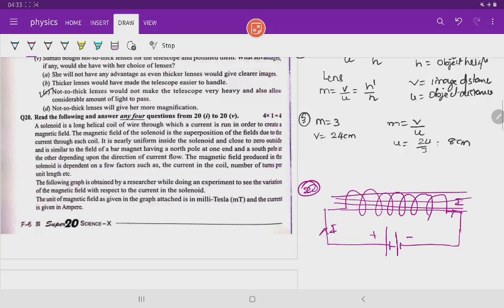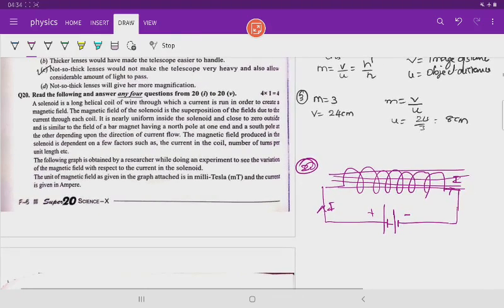Remember, inside the solenoid the lines will be uniform. It is nearly uniform inside the solenoid and close to zero outside, and it is similar to the field of a bar magnet, having a north pole at one end and south pole at the other end, depending upon the direction of the current. So this north pole and south pole depends upon the current, and you have to use the right hand thumb rule for a current carrying circular loop.